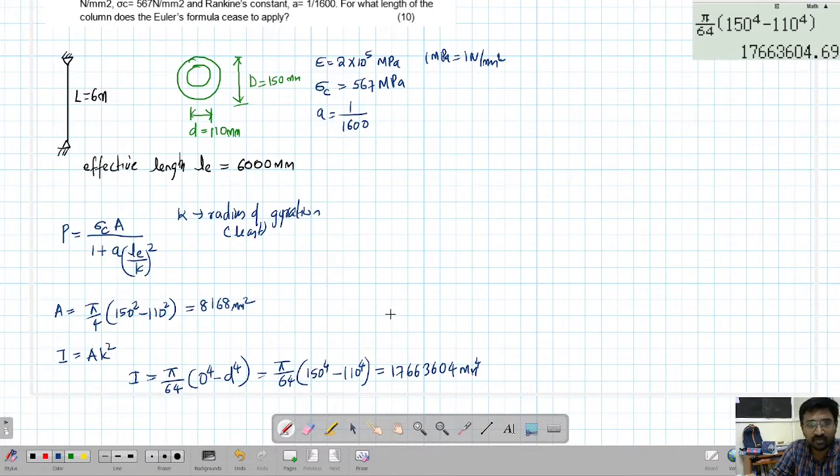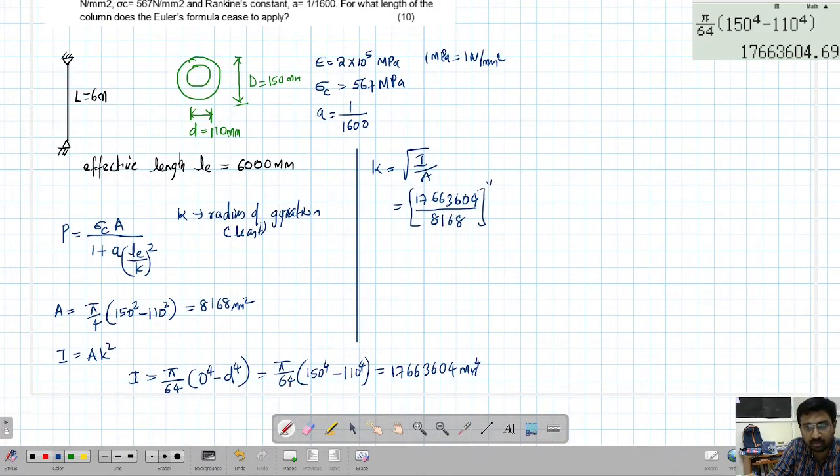Now we can find the value of K here. So just make some space here so that everything can be visible on the screen. So K equal to under root I by A. So this is nothing but under root of 17663604 divided by 8168, to the power 1 by 2.